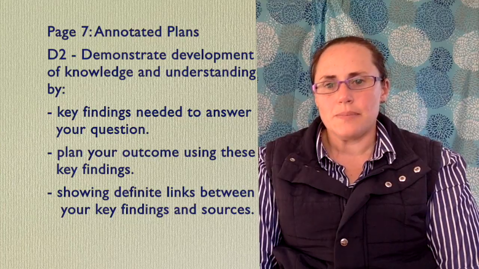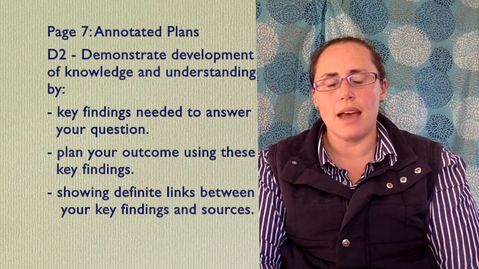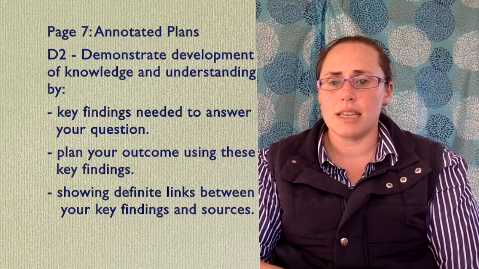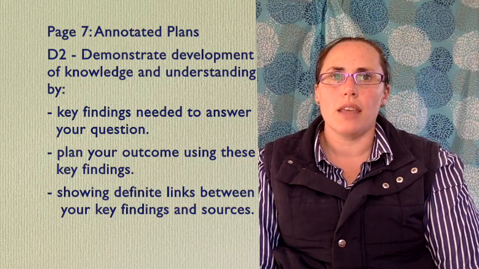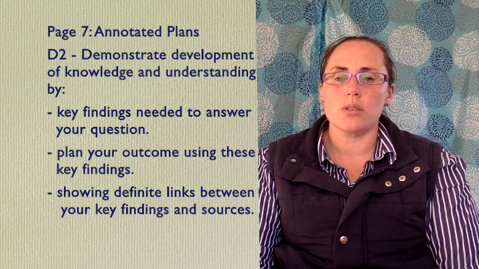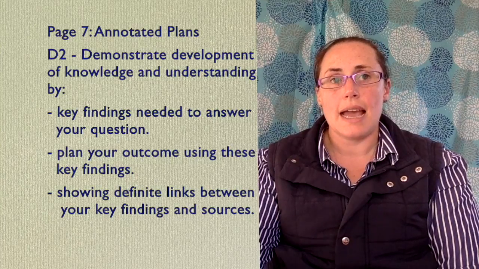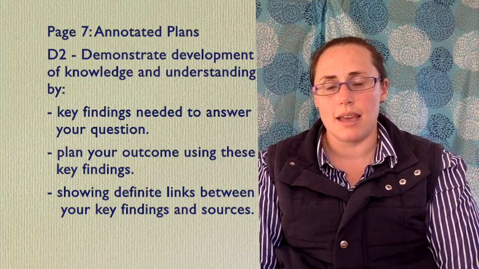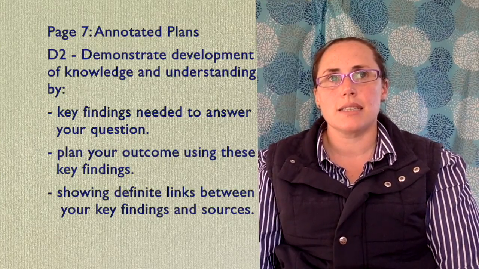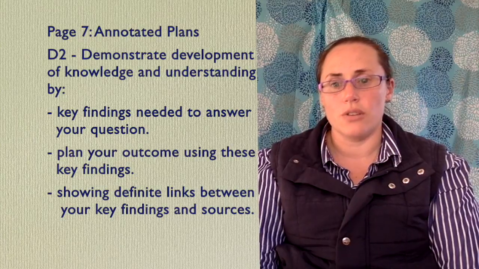I would suggest including one page of a plan and having on there the key findings that you're planning on researching. I would then have on there the sources and the page numbers that refer to that key finding, and next to the source and page number, specifically what it says about that key finding, because then that demonstrates an understanding of the knowledge that you have gained over time.